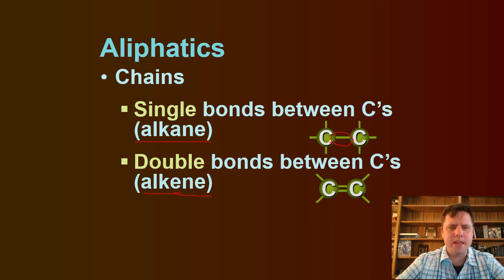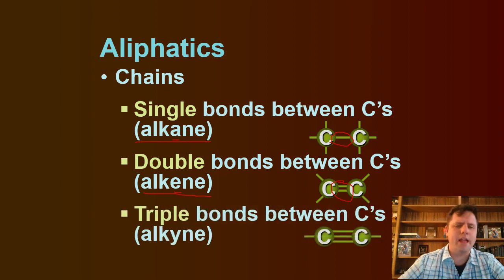Note we have the E instead of the A. This denotes that there is at least one double bond in the molecule. If we get to a triple bond, we call that an alkyne. Notice now we have the Y instead. So we go from A to E to Y: alkane, alkene, alkyne. And alkyne tells us that there's at least one triple bond in the molecule.